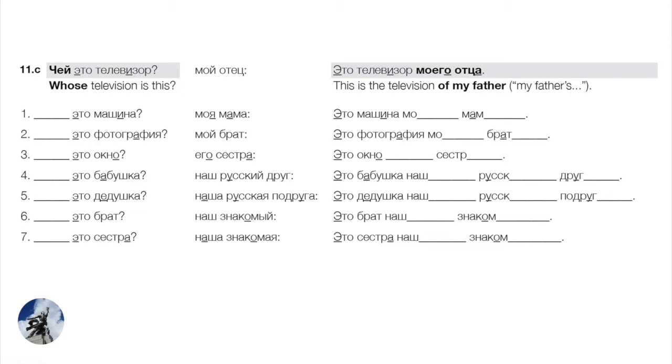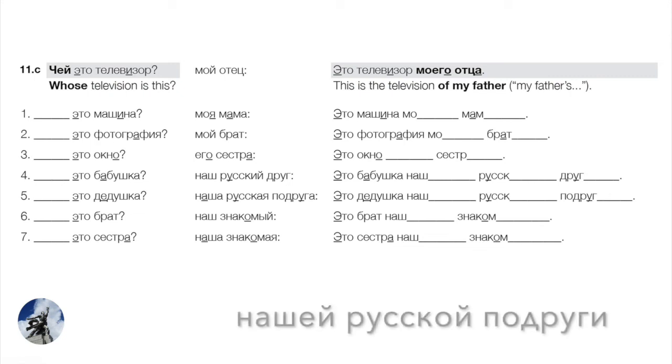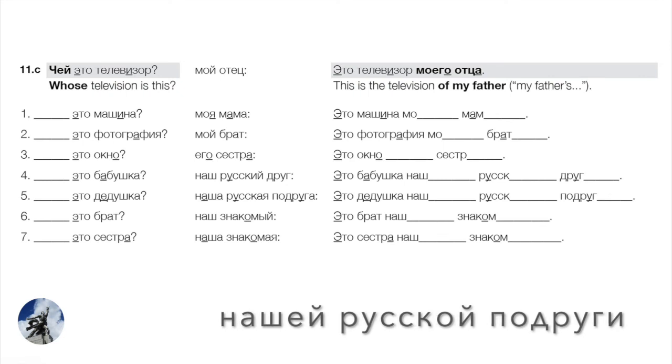Anything we use to describe this masculine noun is going to be masculine because it is masculine. The only thing feminine about it is its ending. Okay, so that's going to take some getting used to. Anyway, чей это дедушка? Whose grandfather is that? Let's say it's the grandfather of our Russian friend, our female friend. Это дедушка нашей русской подруги.